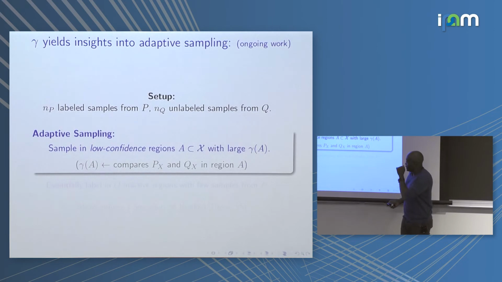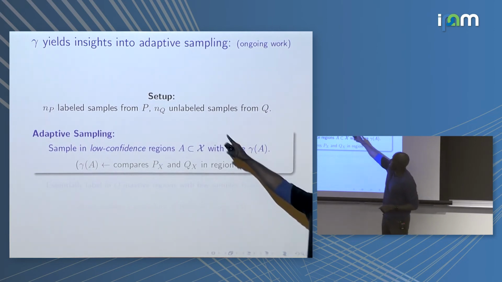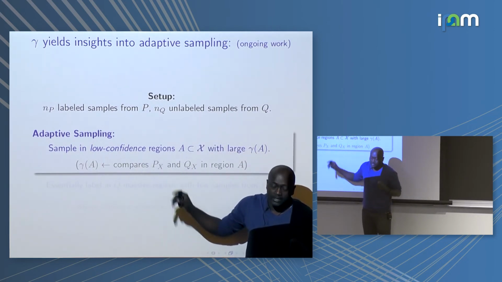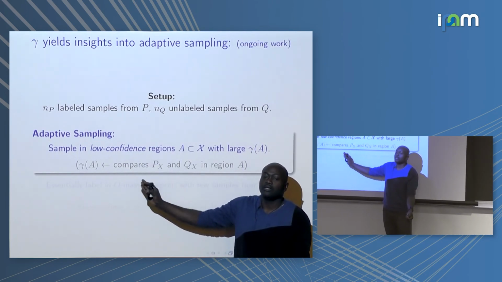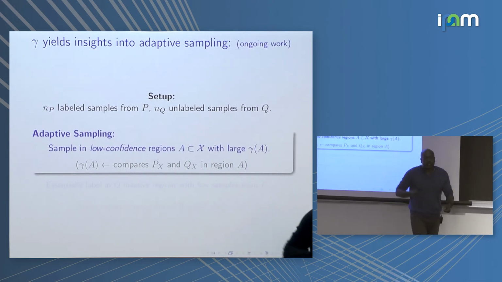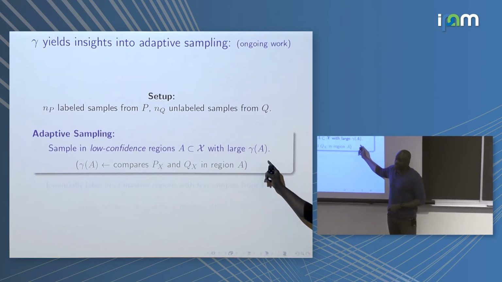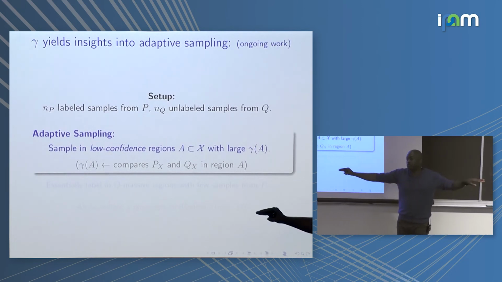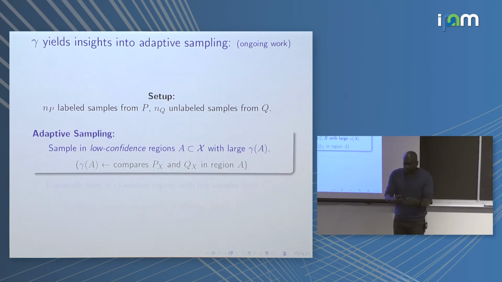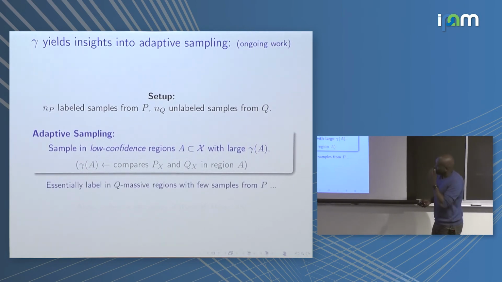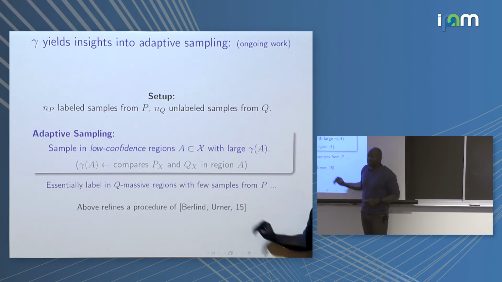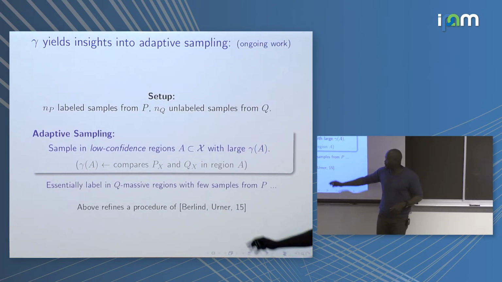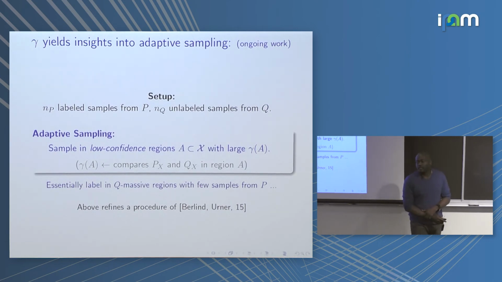And if using the data from P, I was already confident in the label, I also don't sample. So I only sample in those low confidence regions where the local gamma is large. The point I also have to make here is that I never have to estimate the global gamma in this type of procedure. I'm only looking at gamma very locally. And the above refines some existing heuristics, some existing procedures of Berlin and Erner.